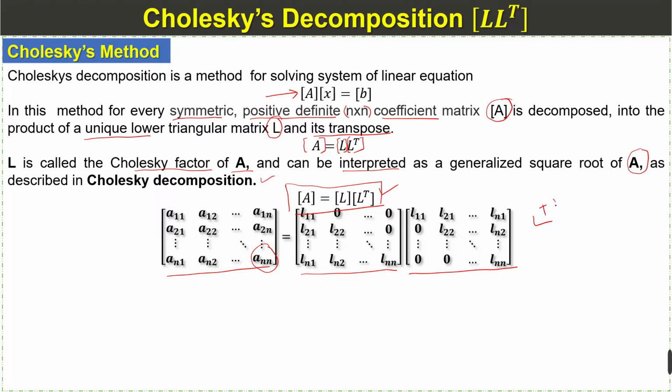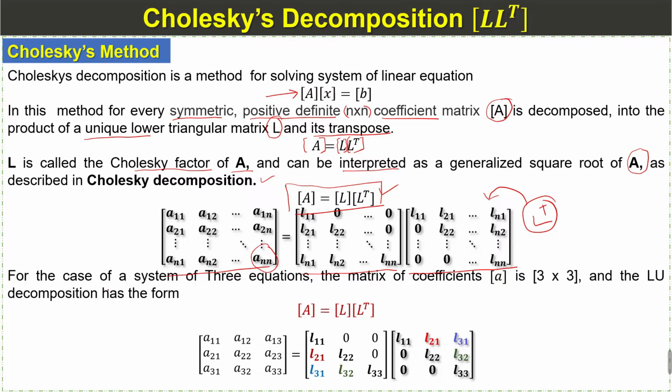This one is the transpose of the lower triangular matrix. For a system of three equations, the coefficient matrix A is of order 3 cross 3, and the L L transpose decomposition has this form.